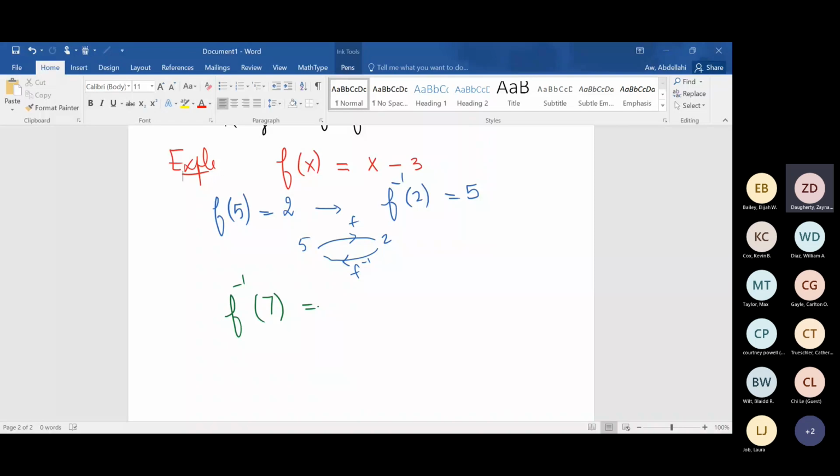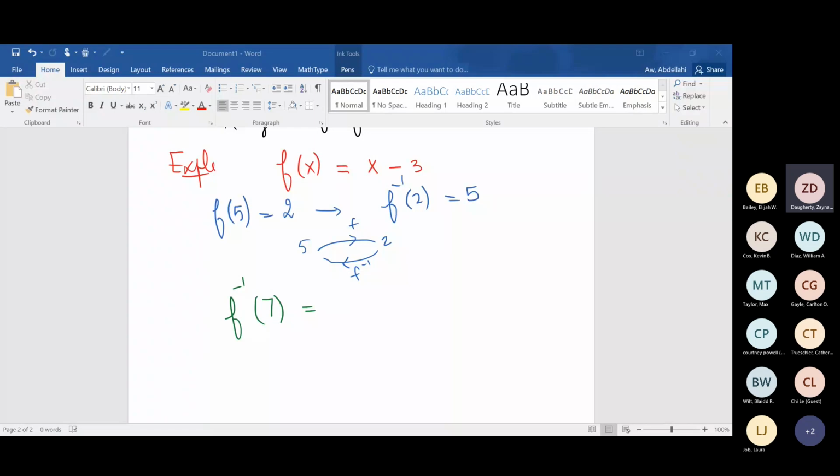So when I say f inverse of 7, do we plug in 7 in the function, in f of x? Do we put 7 minus 3? No, I don't think so. We don't do that because this 7 is not an input for x. What is the other way to ask the question, very easily?